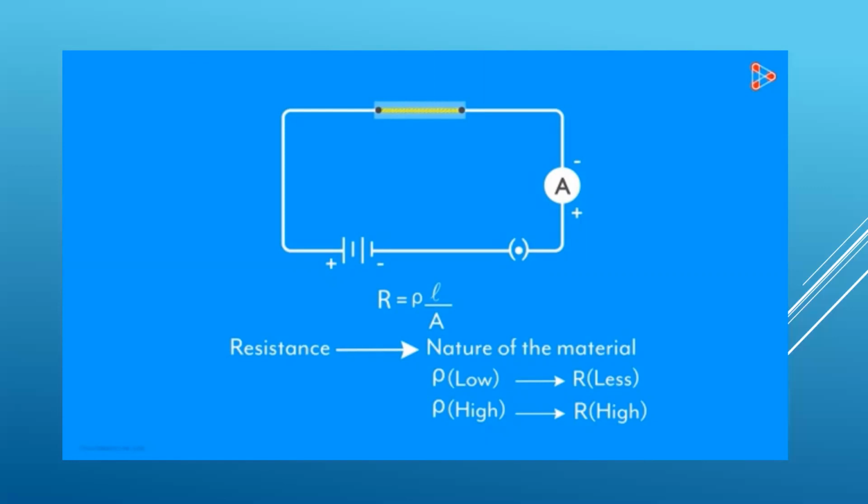Ohm's law states that if the physical state of a conductor remains constant, the current I flowing through a conductor is directly proportional to the potential difference between its two ends. And to remember Ohm, we put the unit of resistance as ohm. Then I said the meaning of resistance.